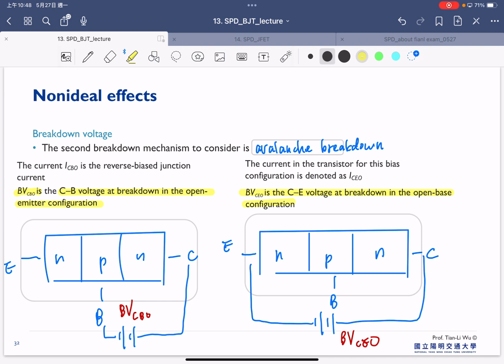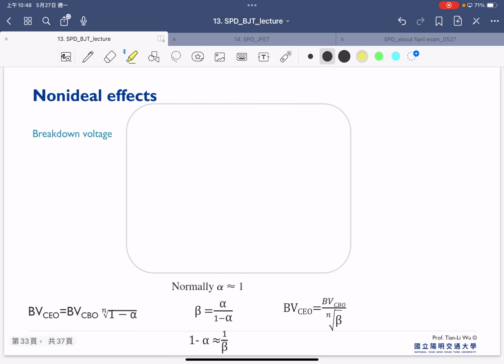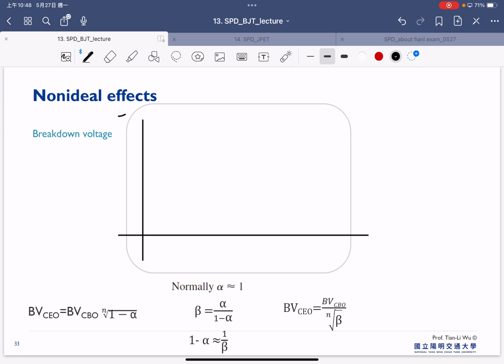And if you look at the electrical results of these two, it's shown here. So we have the collector current, and usually we have first this BVCEO, that's because of an open base.